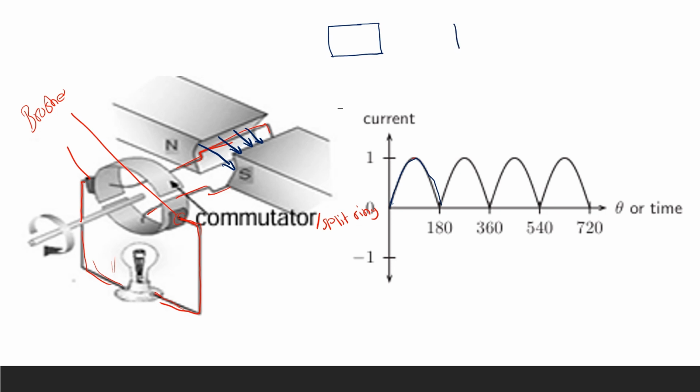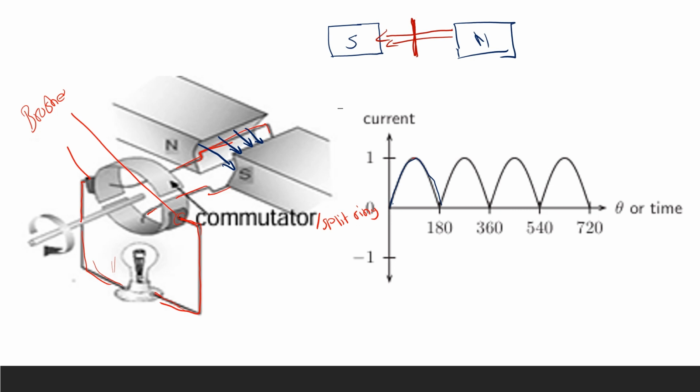Now let's say we have two magnets, the south pole being on the left hand side and then the north pole being on the right. So notice that the magnetic field always flows from north to south. So I'm trying to explain to you how did we get this graph.